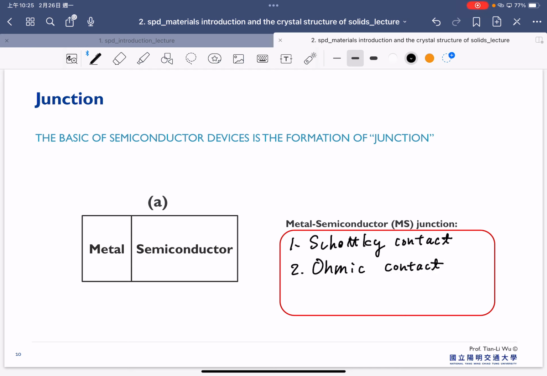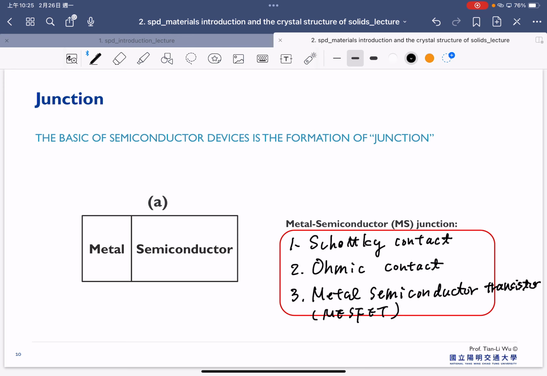And the third one is the metal semiconductor transistor, which is generally called the MOSFET here.